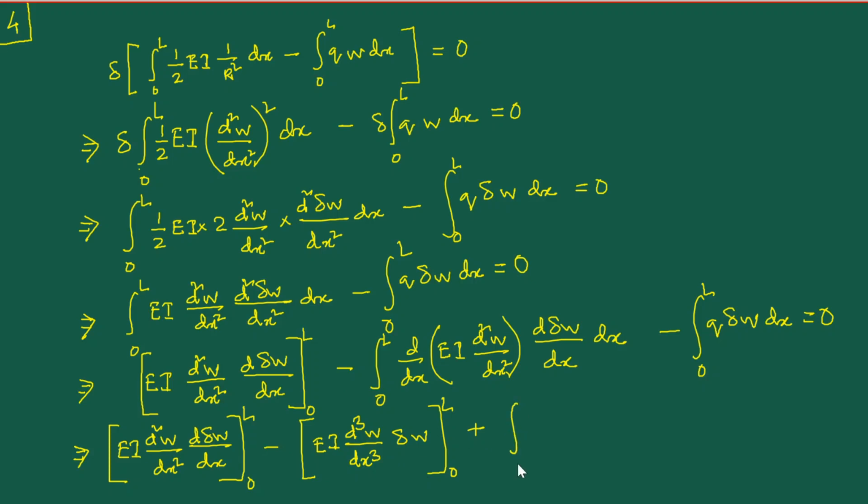And for this integration term, what we'll be left with is d/dx of EI d cube W dx cube. Just like we had done the d/dx of that first term, which is present here, we have the d/dx of this first term. And of course we have this delta W present here.